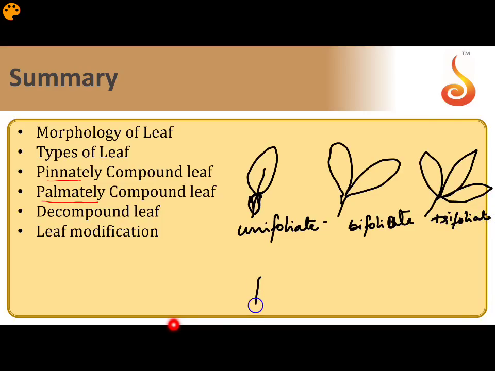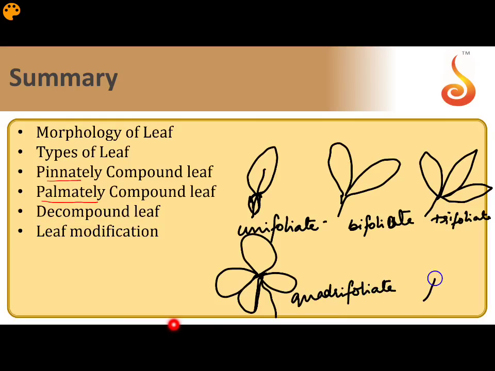Then we have four leaves, 1, 2, 3 and 4. So, 4 leaves coming together, we call it quadrifoliate. But other than that, we have decompound leaf which formed needle like extensions in coriander, cumin and so on. We called it decompound leaf. So that was the next point we learnt.